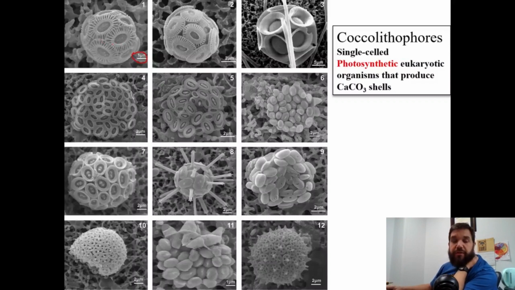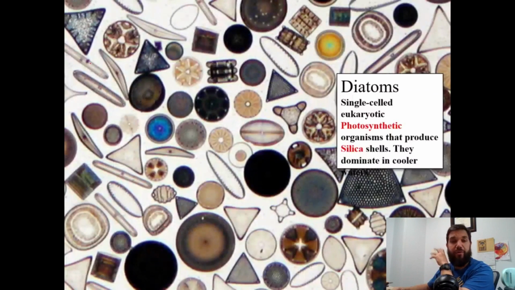They produce a calcium carbonate shell. One thing that might surprise you is that chalk, like the chalk you write with, is actually made of these guys. It's made out of coccolithophores. So when they accumulate enough, they harden into a rock, and it becomes chalk. Okay, and that's what you use to write on the board.